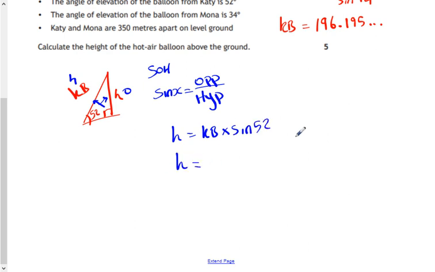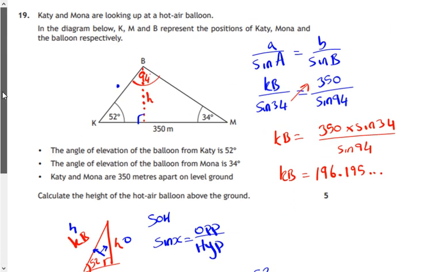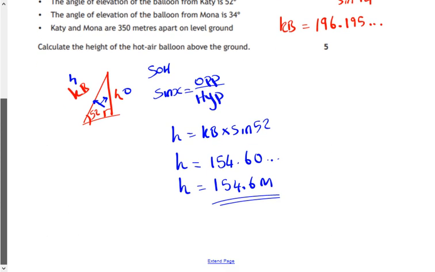So our height there is going to be that earlier answer multiplied by sine 52. So keeping it in my calculator, I'm going to say times sine 52 to get 154.60... So our height then is 154, and this is meters, or 155 meters, sorry, rounding it up. I tell you what, 154.6 meters, just to keep things nice and accurate. And that should be the end of our question.